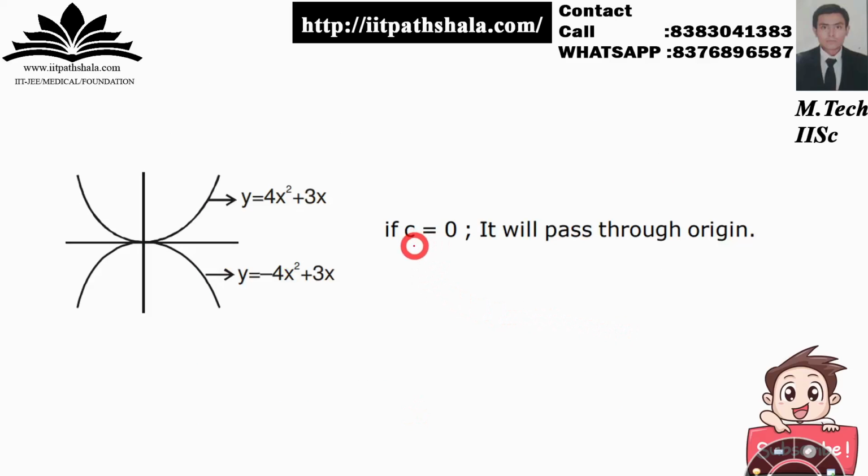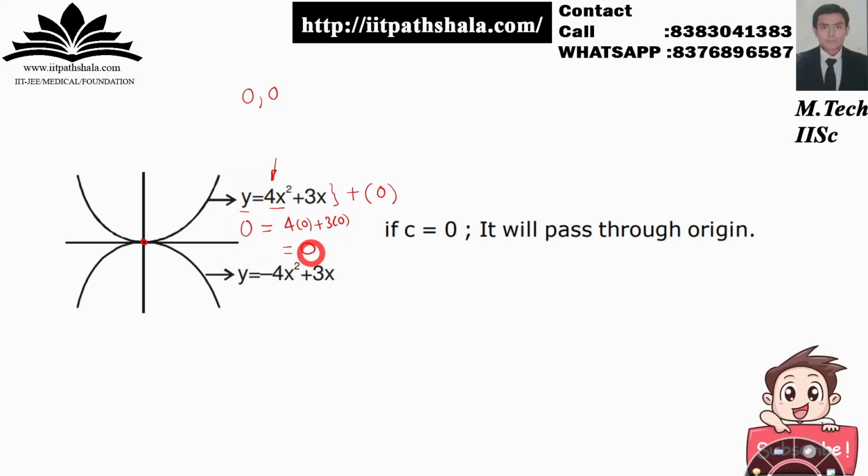As you can see, if my c is equal to 0, then my parabola will be going through the origin itself. Take y equal to 4x square plus 3x: my a is positive here, so it is also a parabola, but here my c value is 0. Now if you put the point x equal to 0, y equal to 0, you land up with the equation 0 equal to 4 into 0 plus 3 into 0, which is equal to 0 itself.